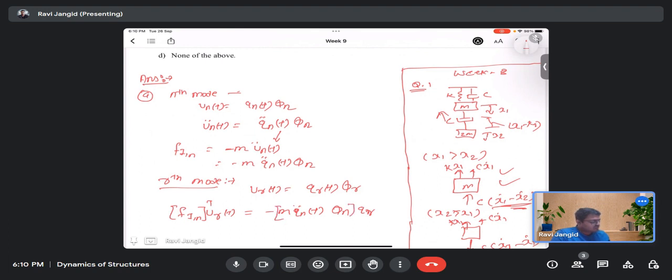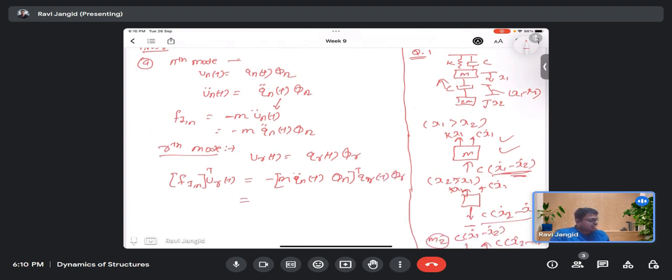If we rearrange the terms, we will get phi n transpose m phi r into q n double dot of t into q r of t.